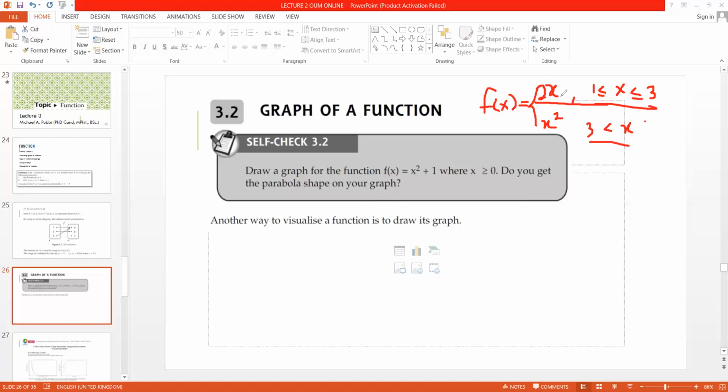Those are the type of functions when you're writing a program, you use the while loop, or you use the if x is between 1 to 3, okay, then the function y is equal to this, else that, or if x is between 1 to 3, the function is 2x, else if x is greater than 3, the function to be x squared, okay?